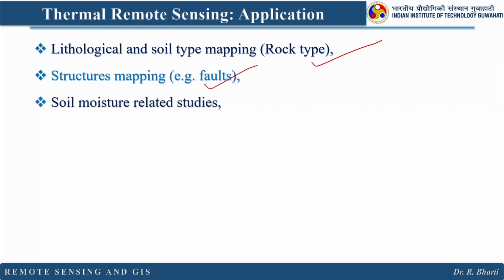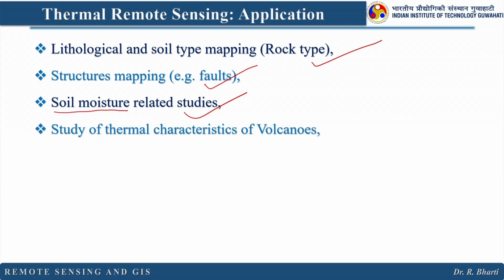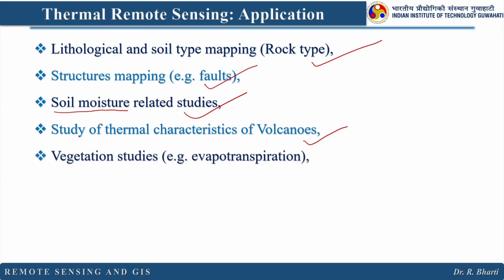Then soil moisture related studies, because if you have soil moisture, the temperature will be different. Then study of thermal characteristics of volcanoes. You can estimate the temperature of the volcano, because if you see the classification of volcanoes based on the temperature and other parameters, their names are different, right.